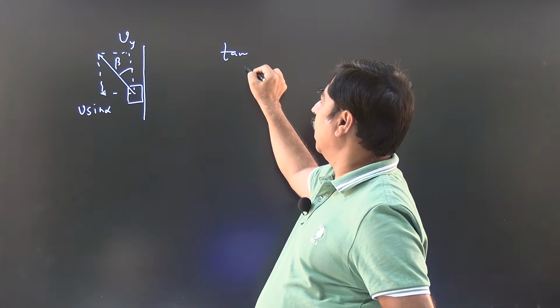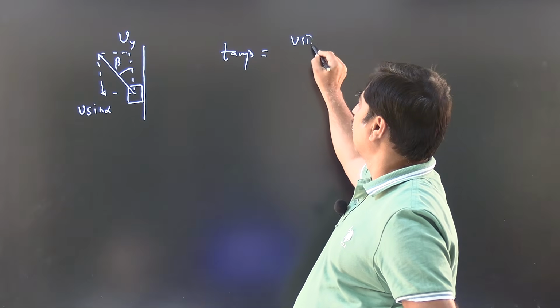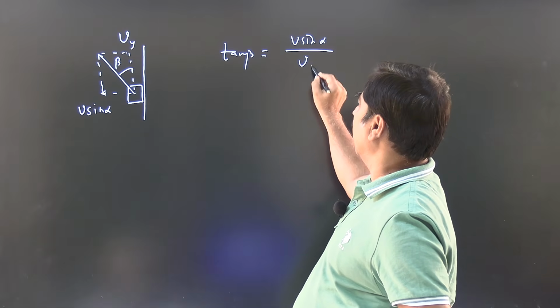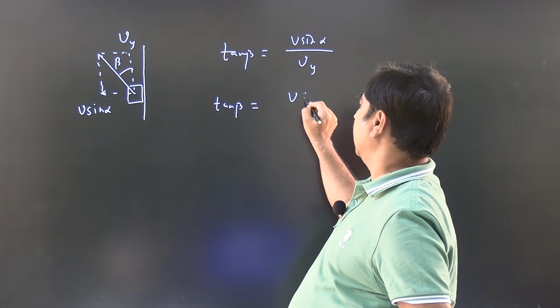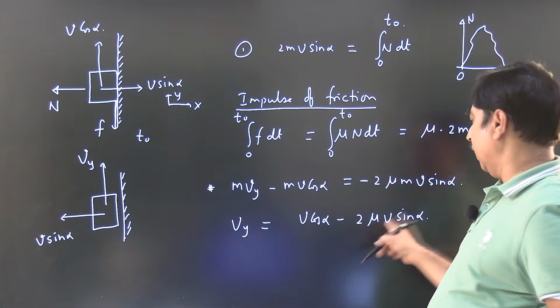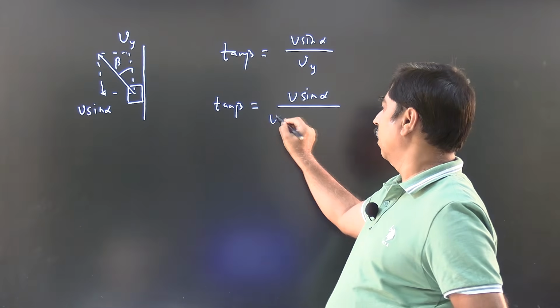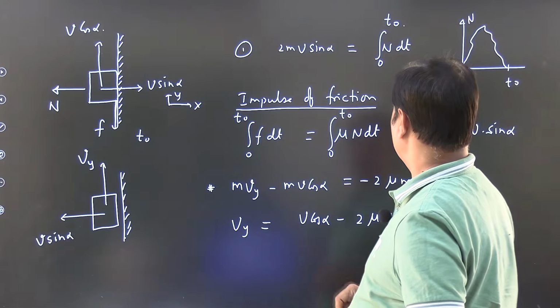So, tan of beta is V sin alpha by Vy, which is V cos alpha minus 2 mu V sin alpha.